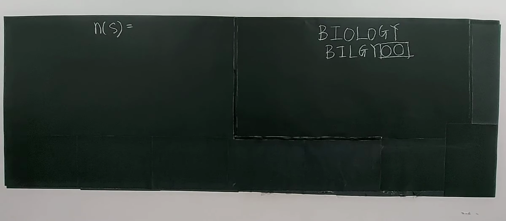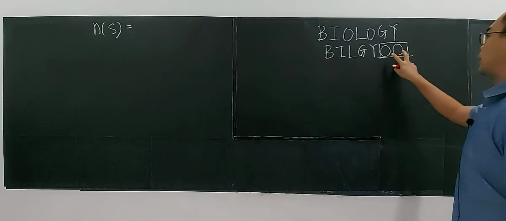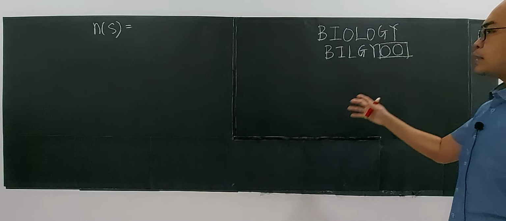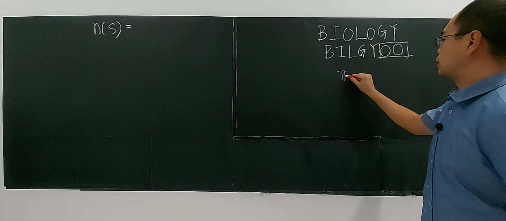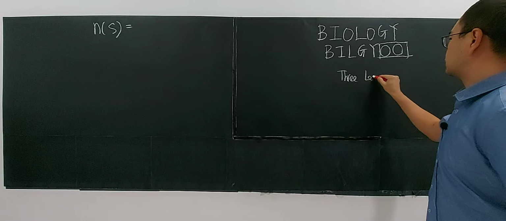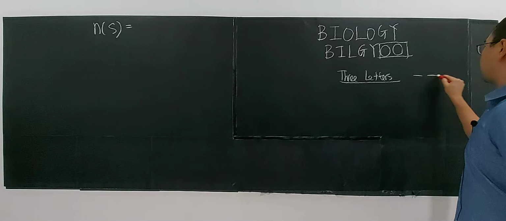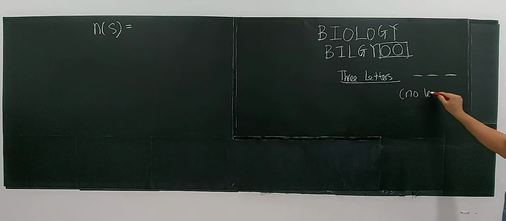So okay, let's look at this. We have 2 O's. During the selection, you choose 3 letters. Maybe inside the 3 letters there is no letter O. You have to think by case.